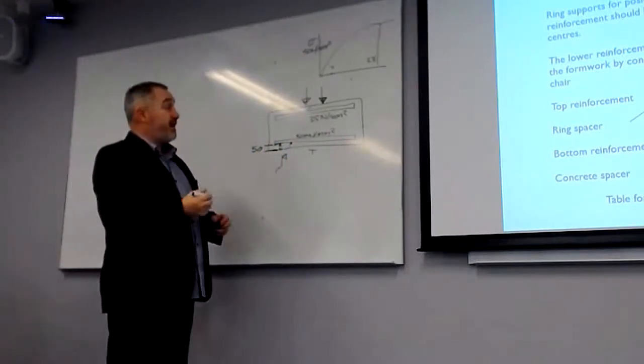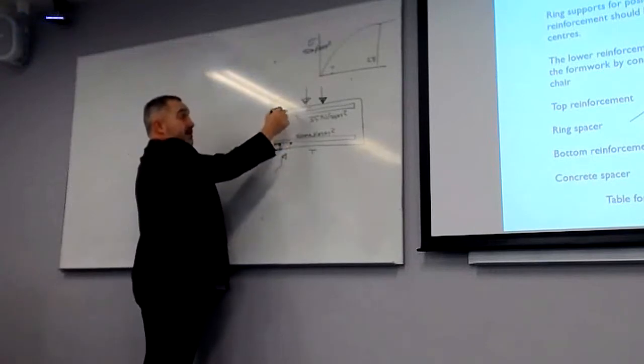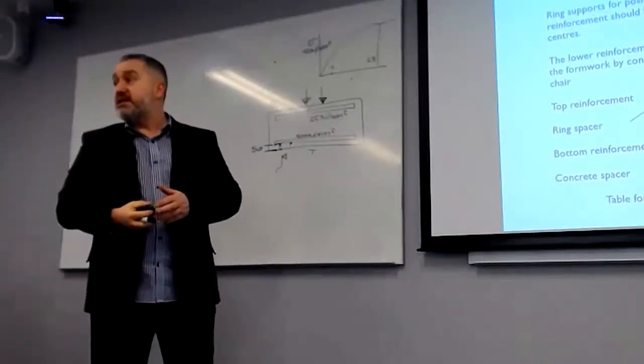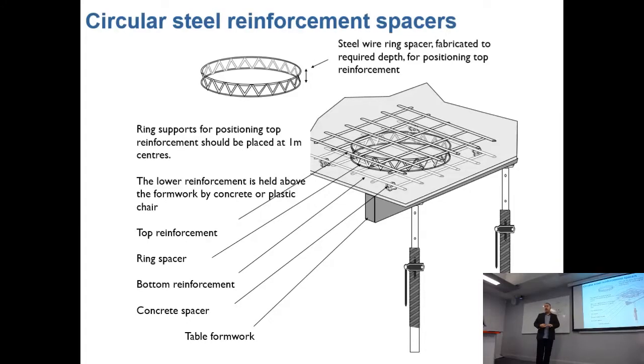And you've got to make sure your steel is in the right place. Usually this is what we check as civil engineers. The reinforcement will go in, then we go with our little tape measure and measure this just to make sure that it's sort of 50 mil.